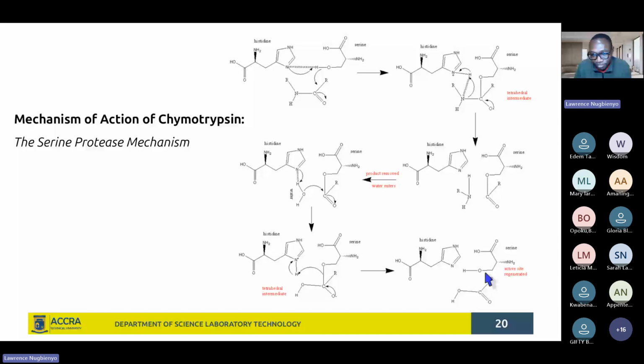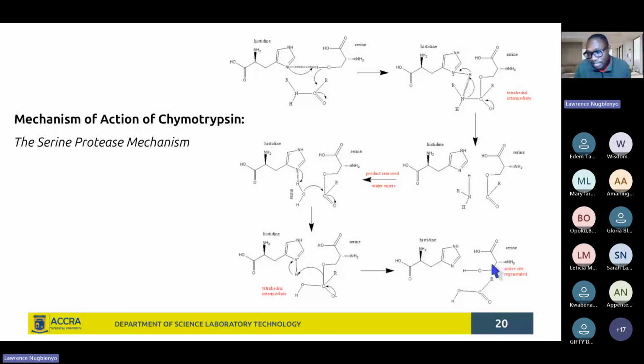But first it went to histidine before histidine transferred it onto that serine molecule. And then the OH from water now goes onto the C-terminus of that peptide bond which was broken, so that you now have a complete carboxylic acid group. And so that part also gets dissociated from serine. And you now have the original form of the enzyme back.